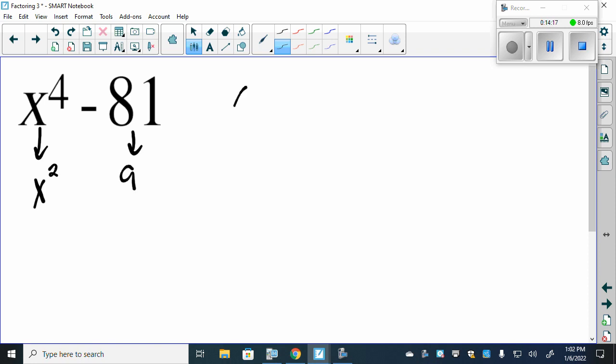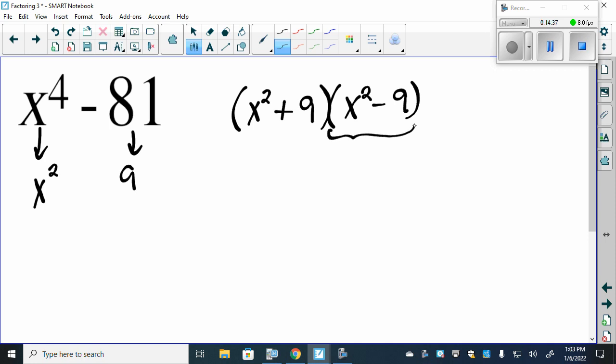So if we factored this, we would have what? x squared plus 9 times x squared minus 9. But 9 is a perfect square. So that means that this here, x squared minus 9, is still a difference of perfect squares that we can factor. So this here wouldn't be factored completely. We'd actually have to take it one step further.